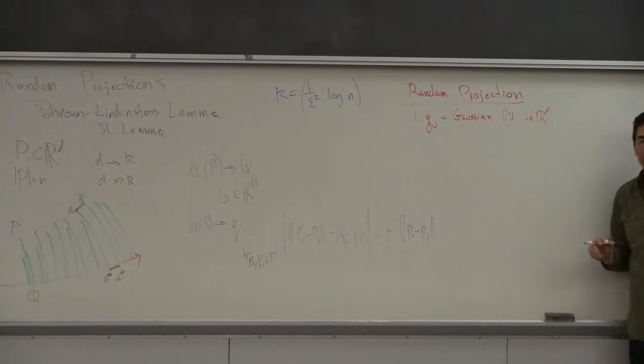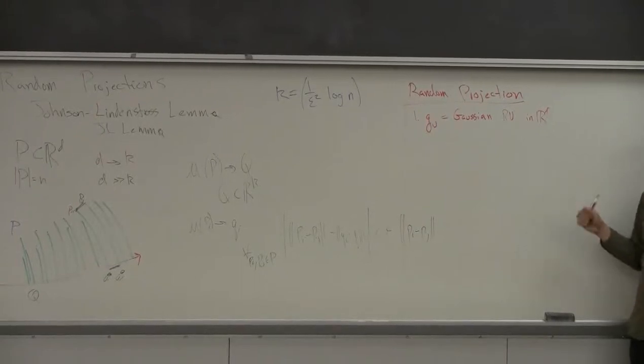On the homework, you actually constructed these Gaussian random variables in R^d. You can construct d one-dimensional Gaussian random variables, stick them together, and you get this.